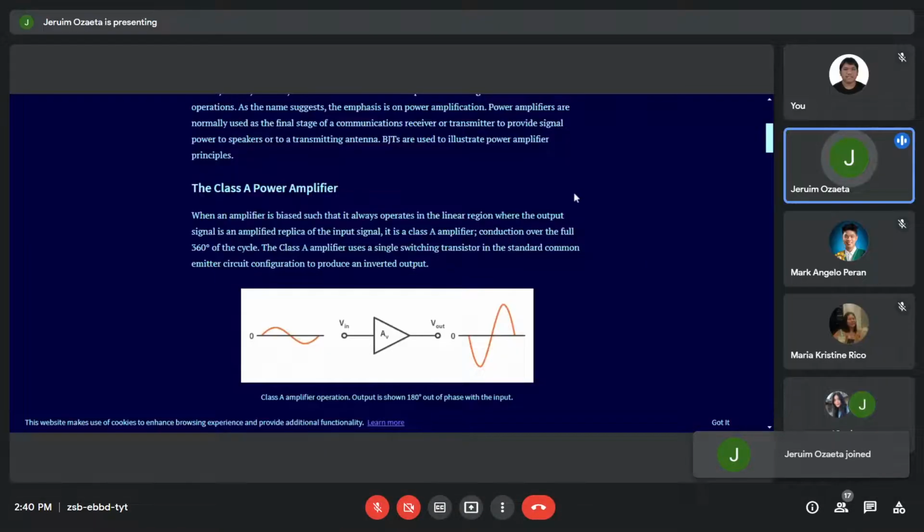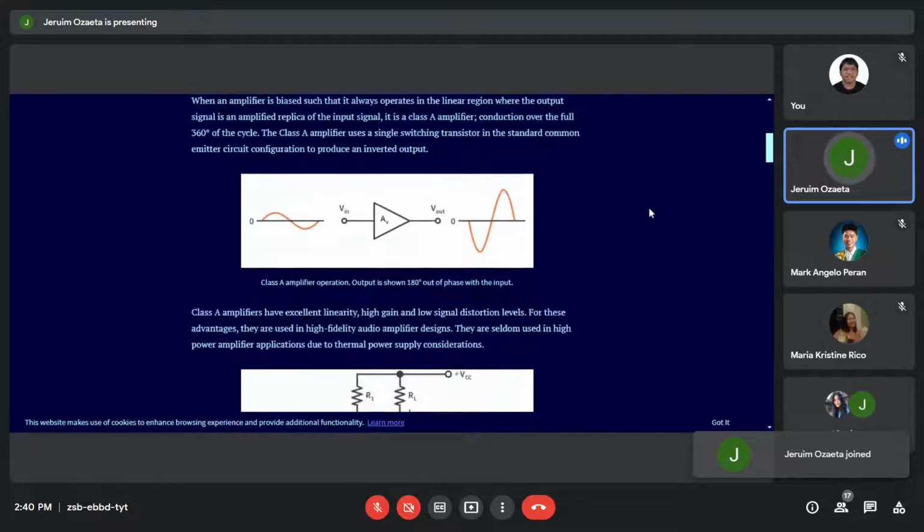Okay. So here is the symbol of a class A amplifier.